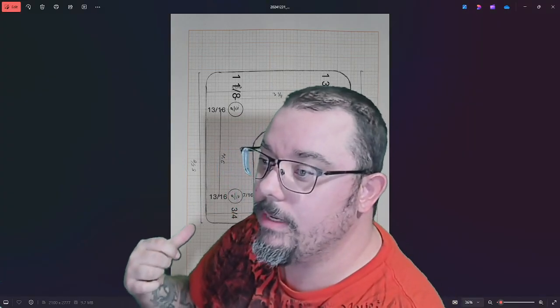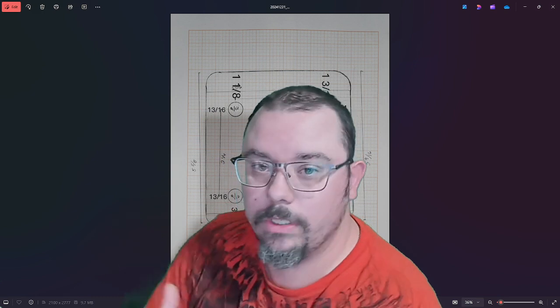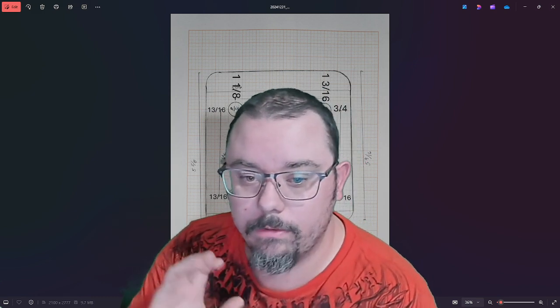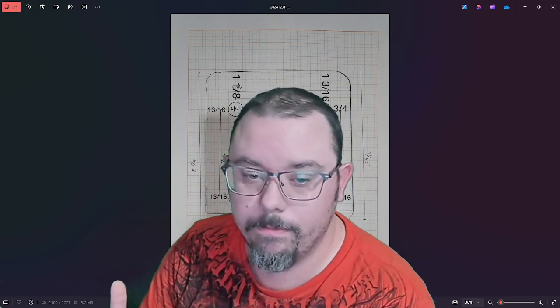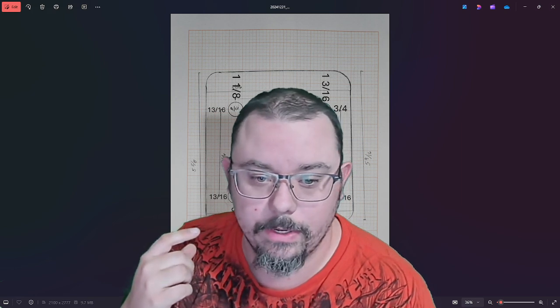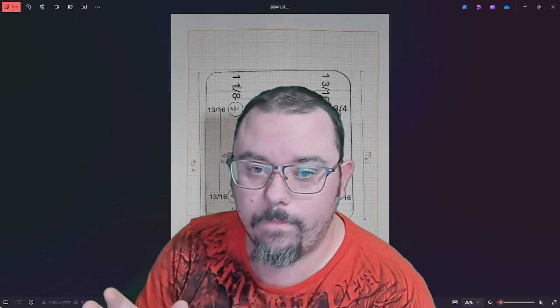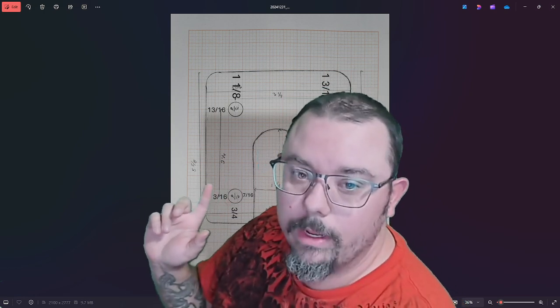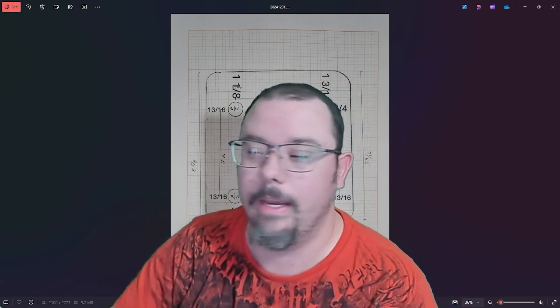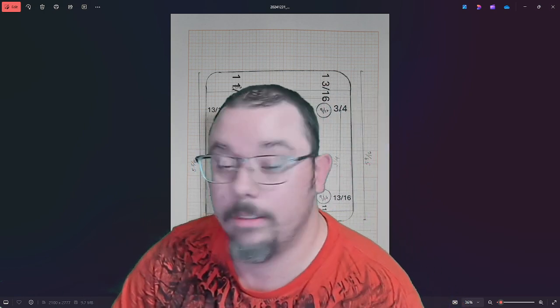If you're saying that all corners are the same, then why are you asking me the radius? You can see what I've drawn here, and it bugs me.